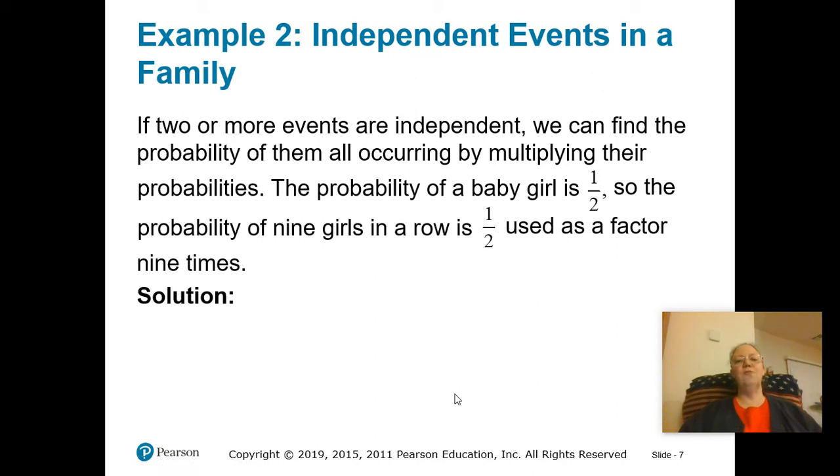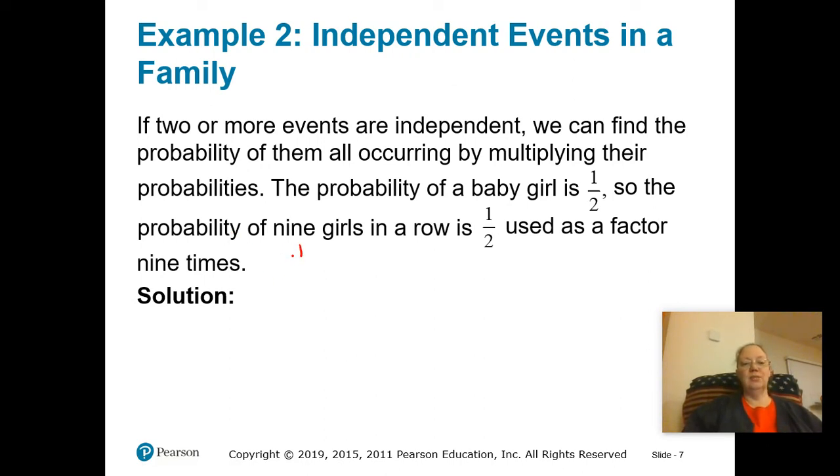So if we have more than 2 events, we can do the same sort of thing. This time we want to find the probability of 9 baby girls in a family in a row. So the probability of a girl is 1/2, and we need 9 girls.